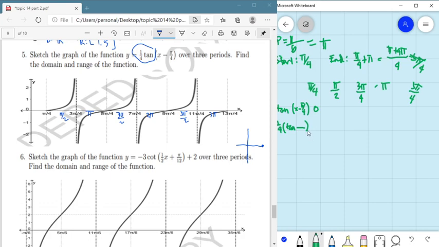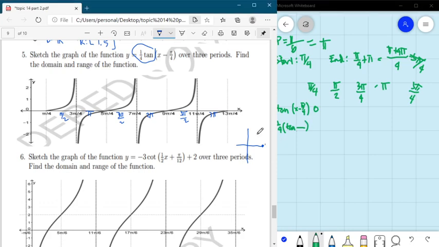Tangent of pi over 4 minus pi over 4 is 0. So tangent of 0, this is 1, 0.